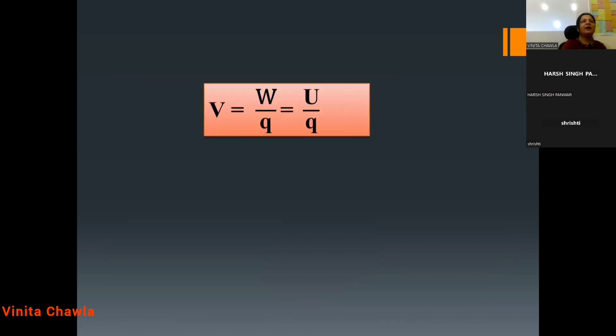And this is denoted by V. V is equal to W by Q. V is electrostatic potential, W is work done, and Q is the charge which is moved from infinity to a point, yes, in the field of source charge where we have to find electrostatic potential, and this U represents electrostatic potential energy. So electrostatic potential energy upon charge. Okay, so U is electrostatic potential energy, V is electrostatic potential.